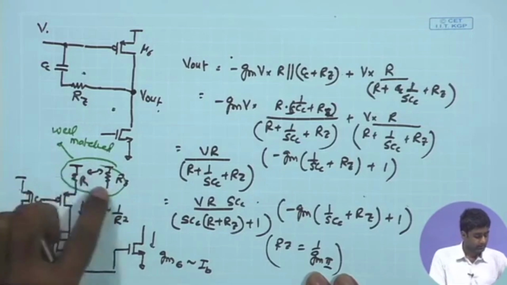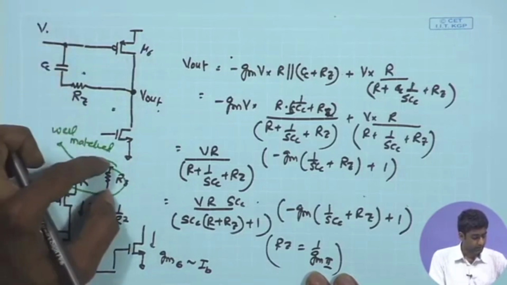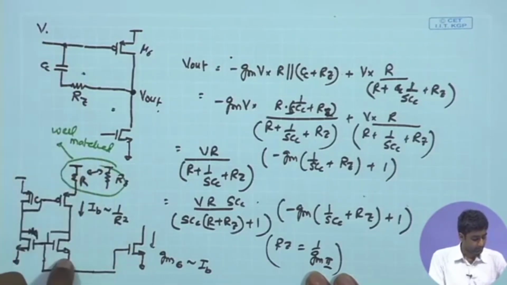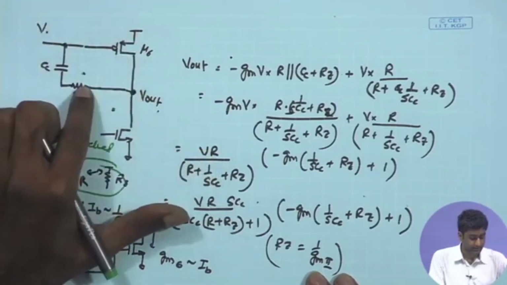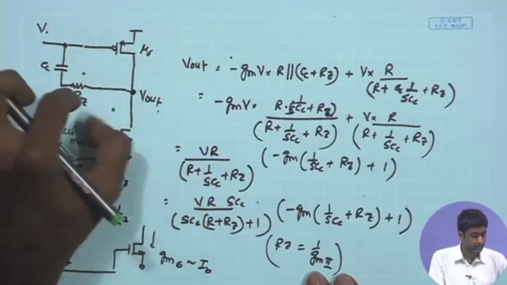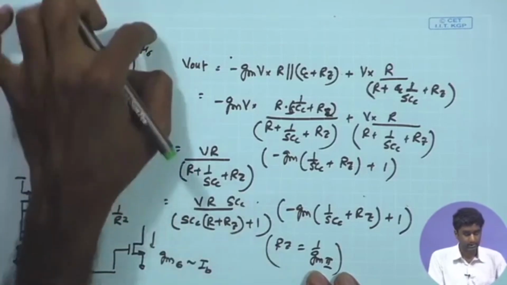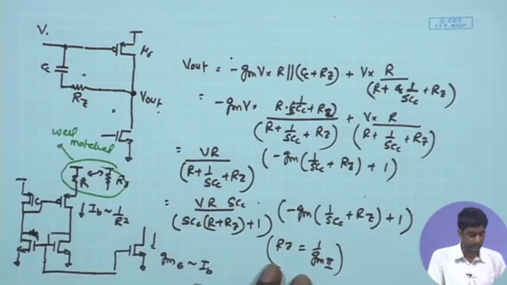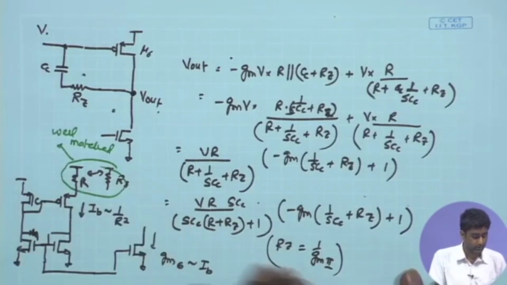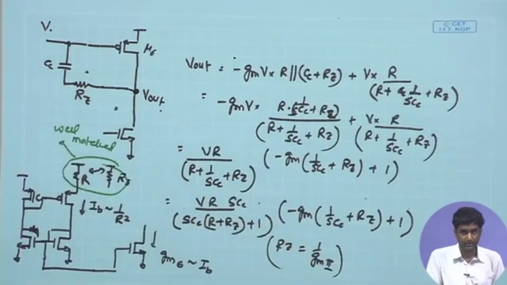As a result, the RZ that we are having in the compensation branch is determining the bias current of the M6, and the M6 GM therefore is proportional to RZ, and by appropriate sizing we can ensure that the matching between RZ and the GM is very well controlled, and it is much less dependent upon process and temperature, and through that this cancellation can be made effective over a wide range of temperature and process variations, and through that we can ensure that the overall zero cancellation is achieved across process variation.